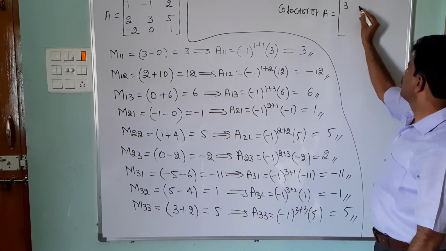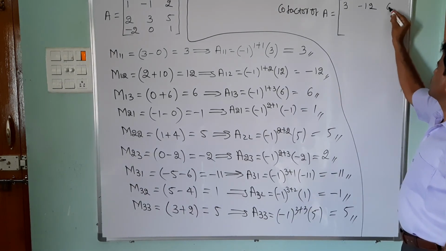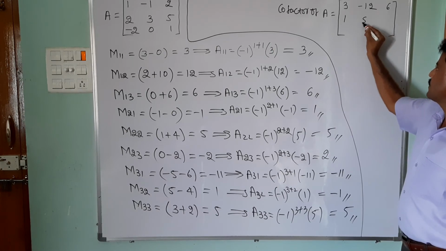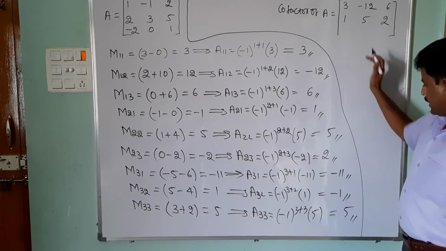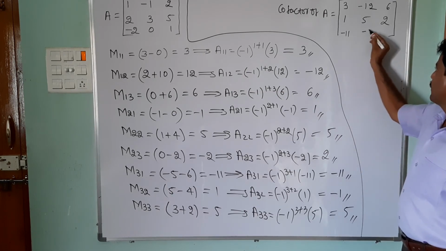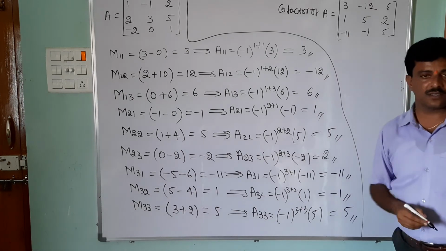Next minus 12, next 6, next 1, next 5, next 2, next minus 11, next minus 1, next 5. These are the cofactors of A.